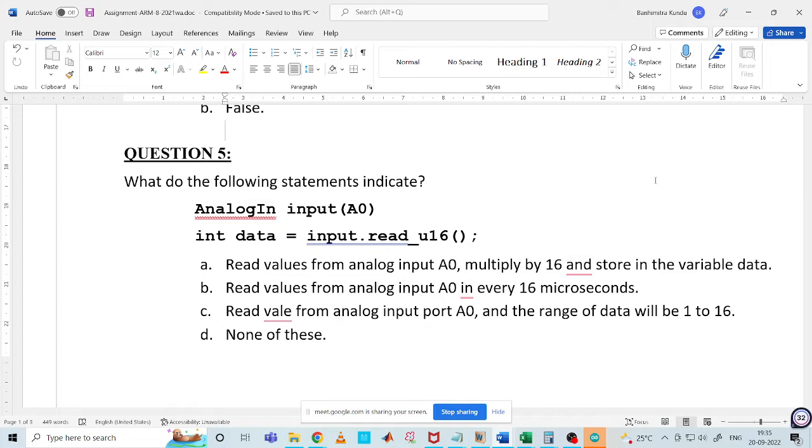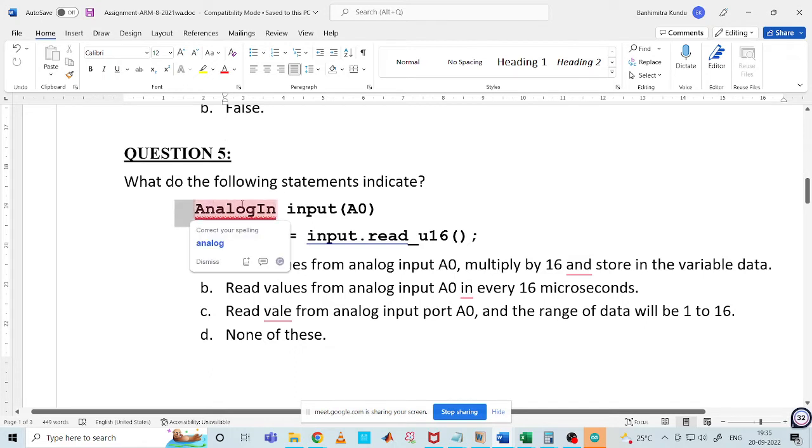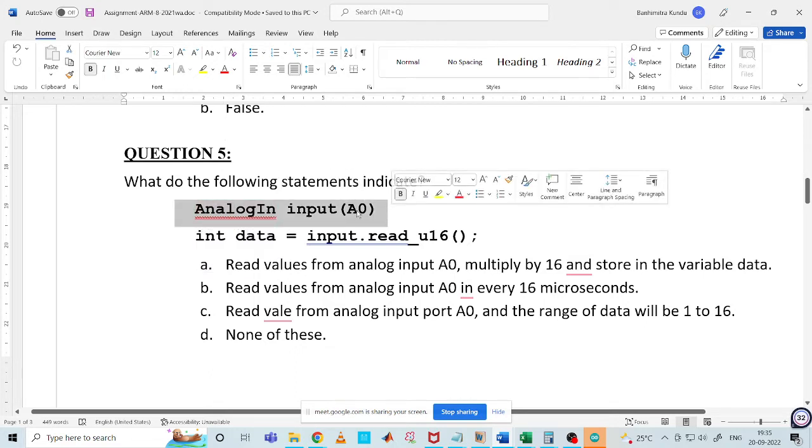Now the ADC will convert this analog voltage to some digital value, and this digital value has a width of 16 bits. In the line data equals input dot read U16, once you have written a line like this, you can refer to A0 with the name input, so input has become the object.